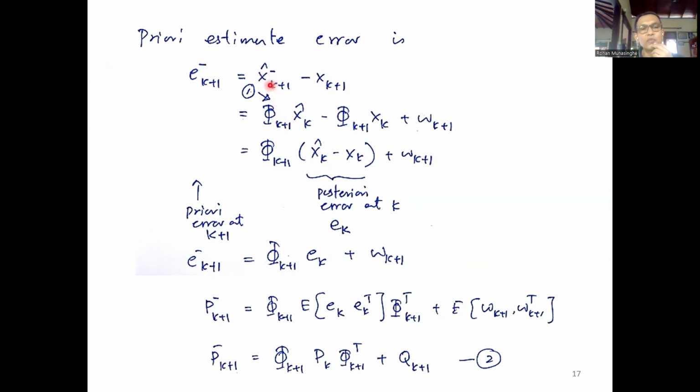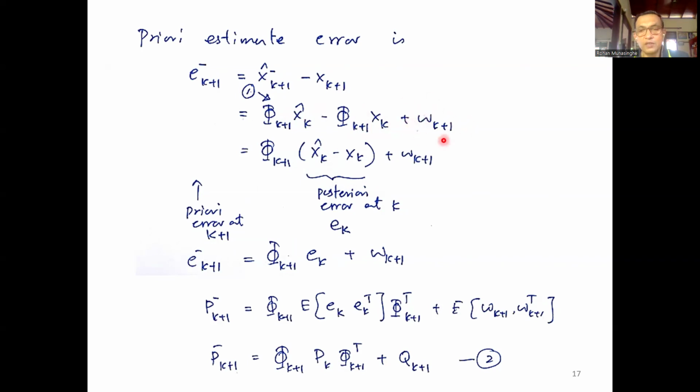Now you can write x hat minus k plus 1 as this, from equation number 1, the state transition. So this is the plant: you have the state transition times xk. Xk is the actual state, whereas this is the Kalman filter estimate.